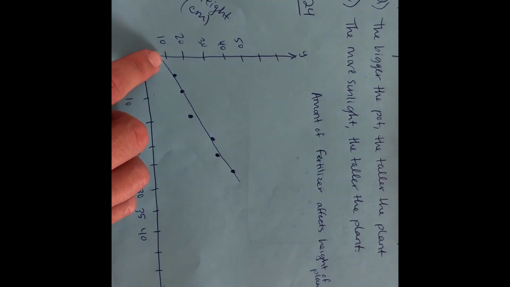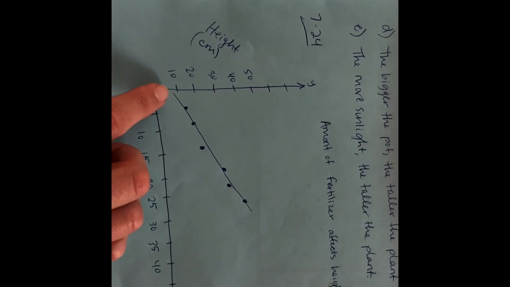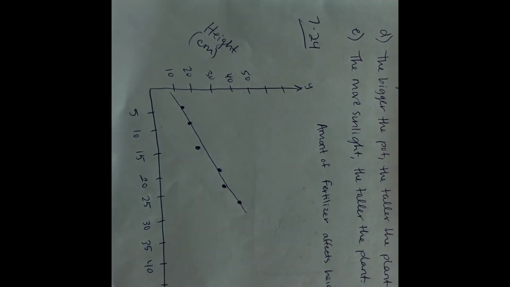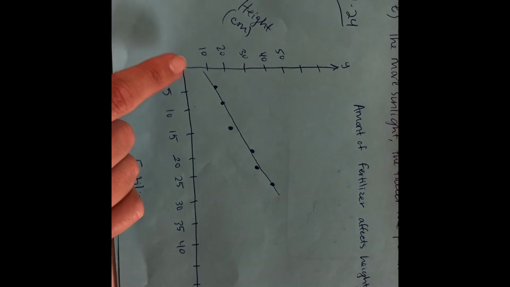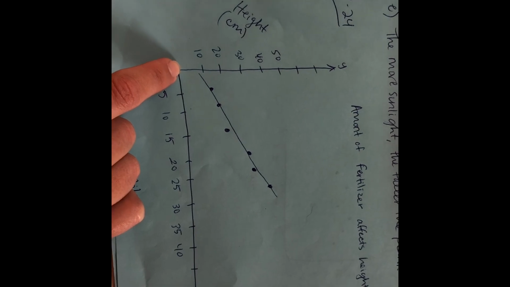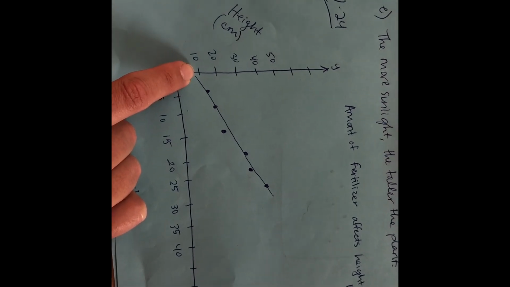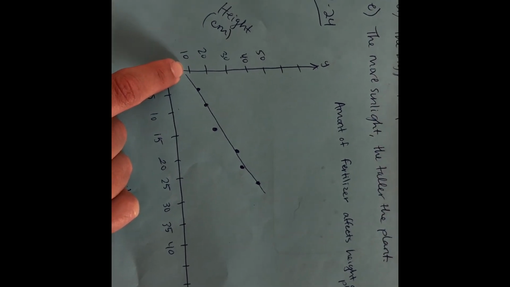You can put anything close to 10. Could have been 8. Kind of looks like 8, maybe 9. So I put y-intercept might be 10. And what does that even mean? That means it's the height of the plant when the experiment started. So the plant didn't start at 0 centimeters. When we started the experiment, it started somewhere around 10 centimeters. Okay, and I put that answer right here.